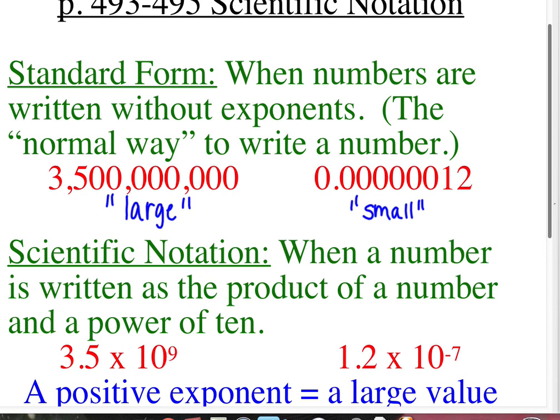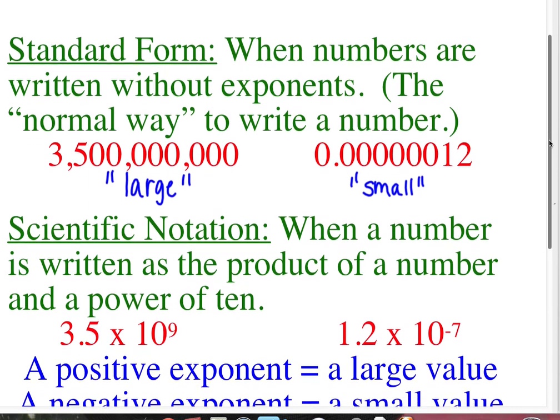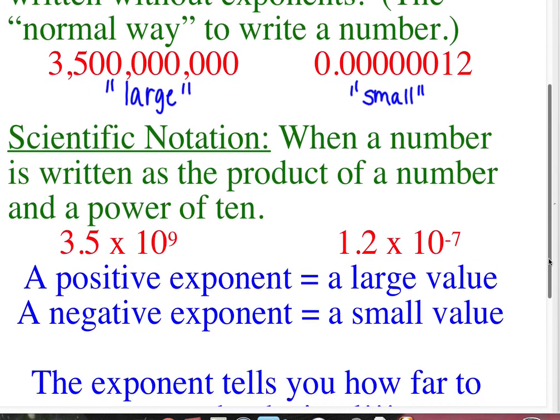Okay, so in the real world, in math and in science, when you start experiencing numbers that are really long, like these two numbers are, they have many, many zeros, it does not become effective or efficient to write all those zeros. So they came up with a way to shorten these numbers down, and it's called scientific notation.